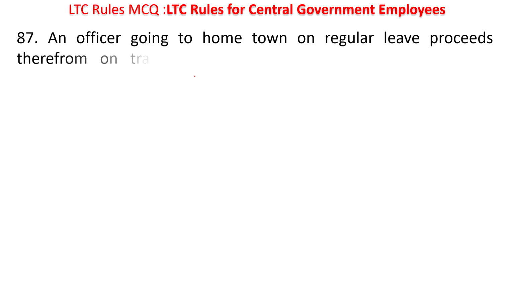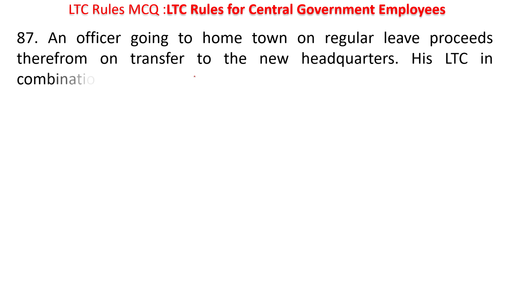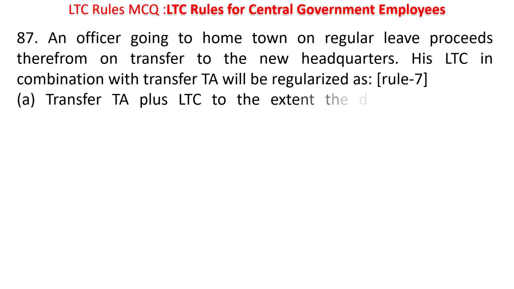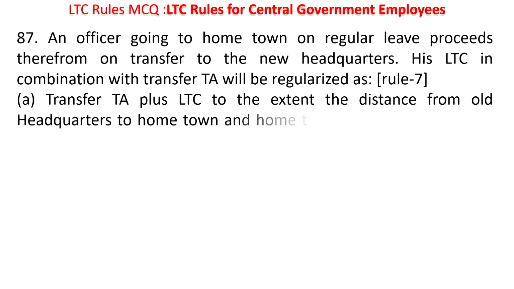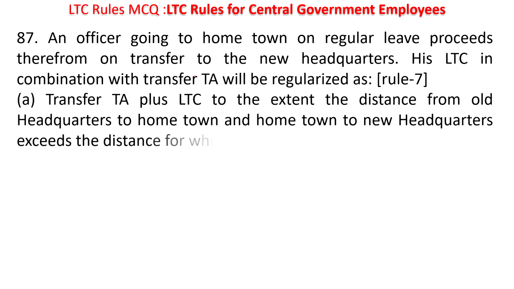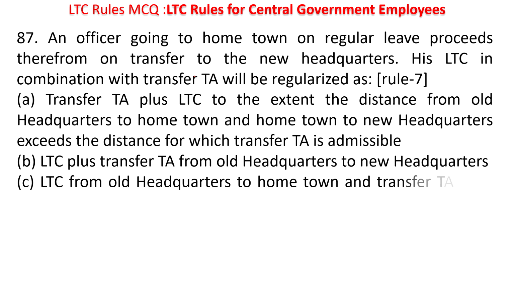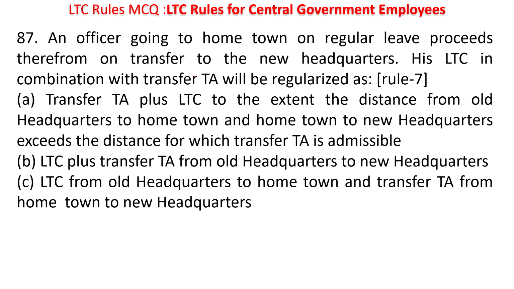Next question. An officer going to hometown on regular leave proceeds therefrom on transfer to a new headquarters. His LTC in combination with the transfer TA will be regulated as per Rule 7 of LTC rules: transfer TA plus LTC to the extent the distance from old headquarters to hometown and hometown to new headquarters exceeds the distance for which the transfer TA is admissible; LTC plus transfer TA from old headquarters to new headquarters; LTC from old headquarters to hometown and transfer TA from hometown to new headquarters; LTC plus transfer TA.